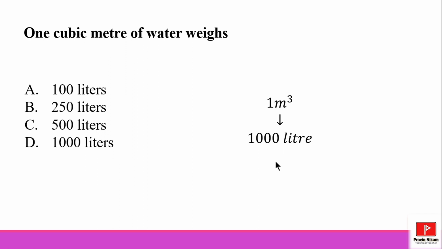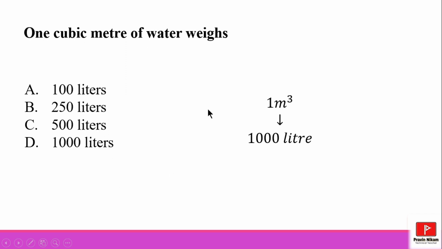So to convert meter cube into liter, multiply by 1000. If 5 meter cube is there, multiply by 1000 and you get 5000 liter. And if you have to convert liter into meter cube, if 5 liter liquid is there, divide by 1000.